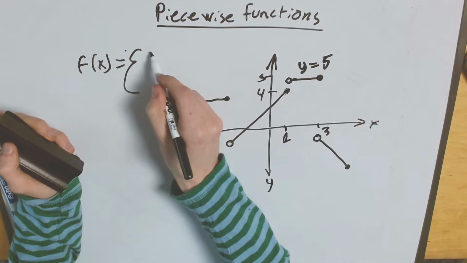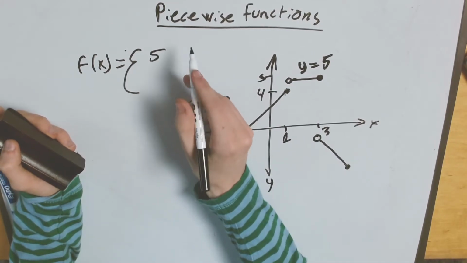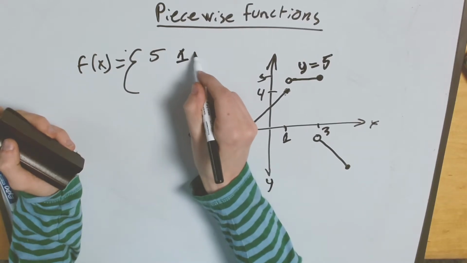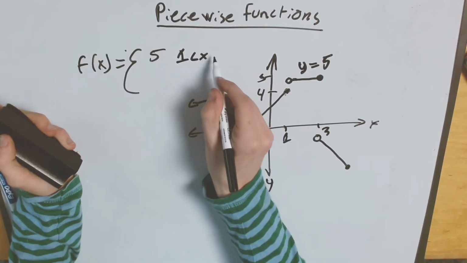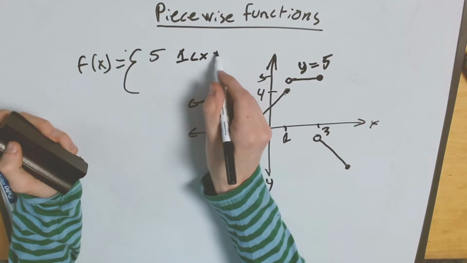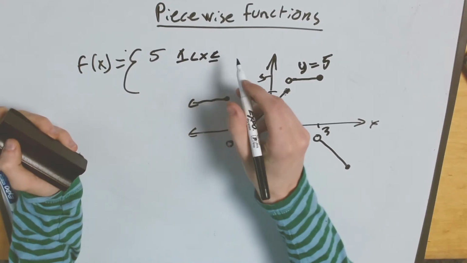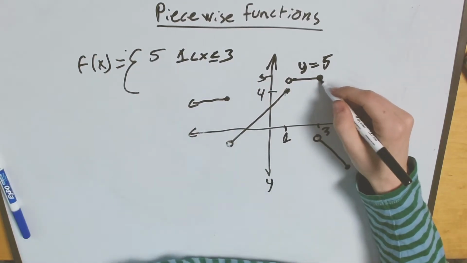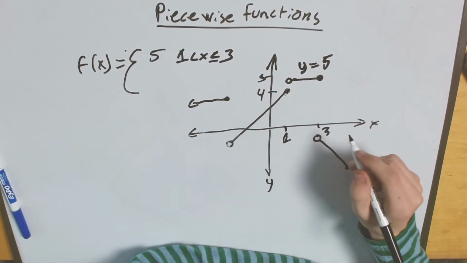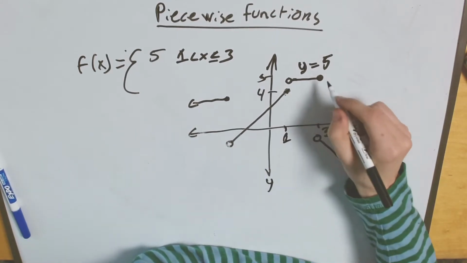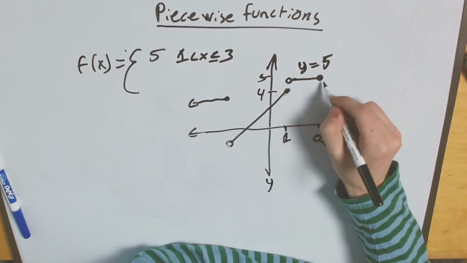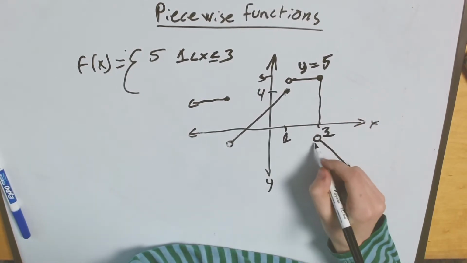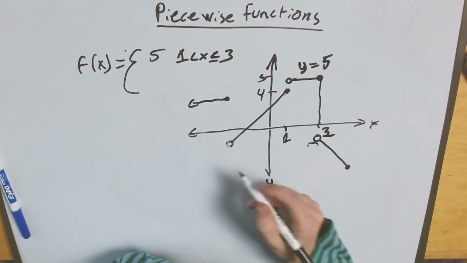We can say it equals 5 when x is greater than 1, but less than or equal to 3, right? Because remember, we're at a closed circle at 3, so this line does contain 3 at x. It does indeed match up, where this segment doesn't, right?